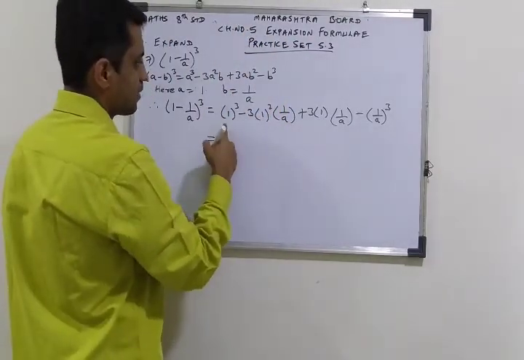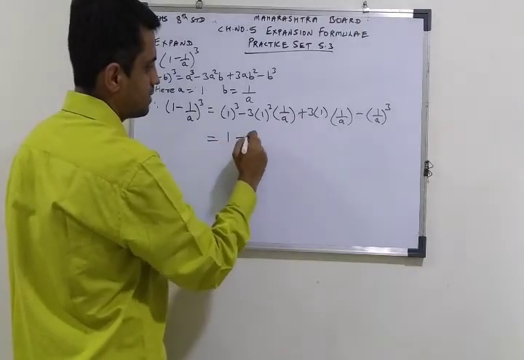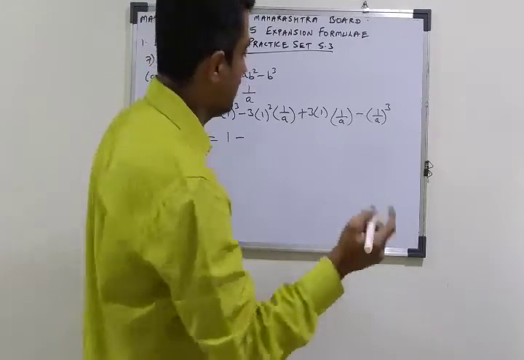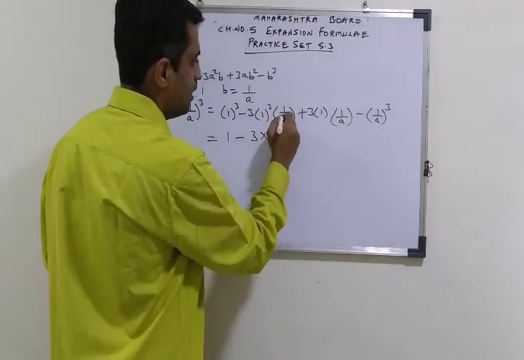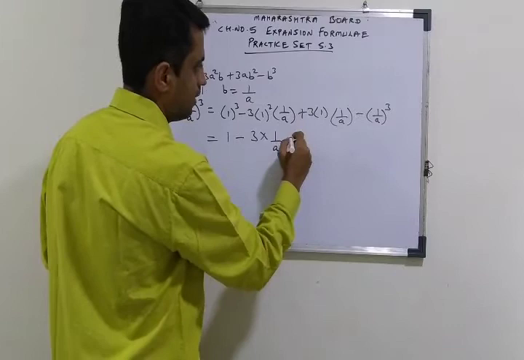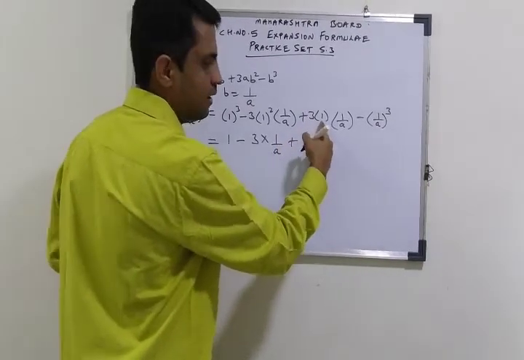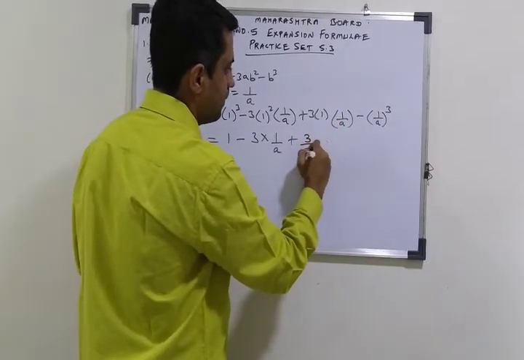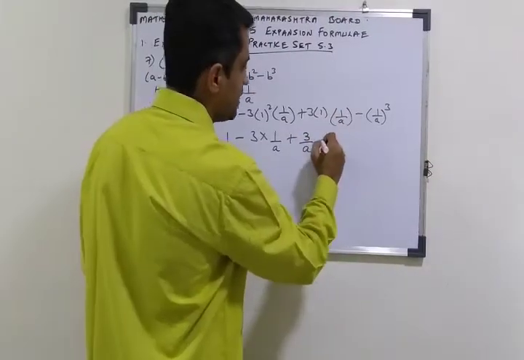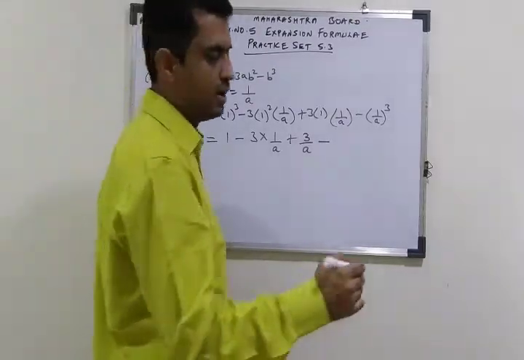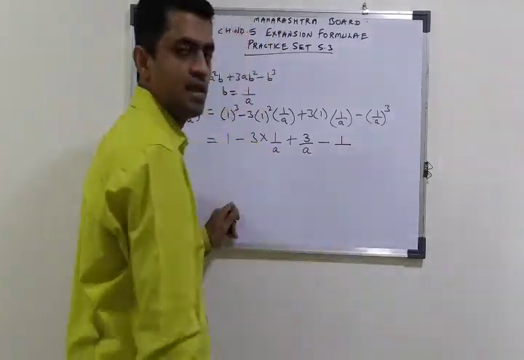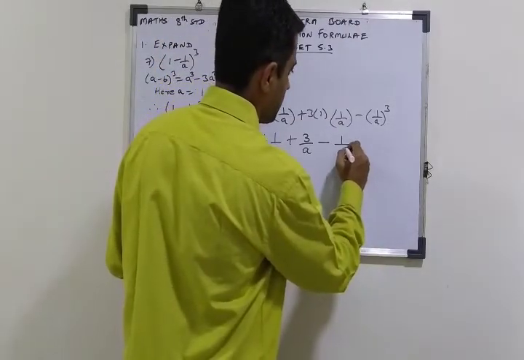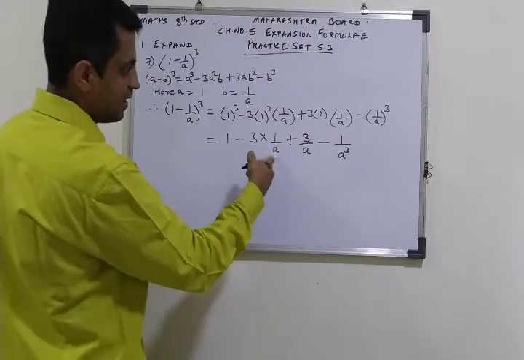After this, 1 cube is 1, minus 1 square is 1. 1 square is 1 and 3 into 1 is 3, into 1 upon a plus 3 into 1 is 3. 3 into 1 is again 3. So what will come? 3 upon a. After this, minus 1 cube is 1. What is a cube? A cube is a cube. Yes, correct. After this, does anything get cancelled?